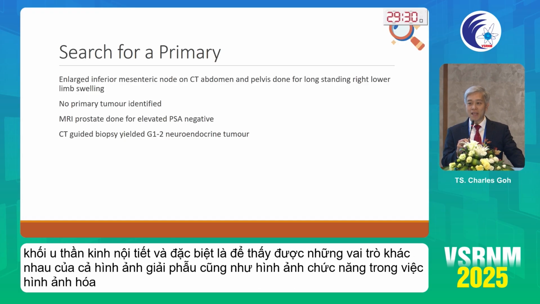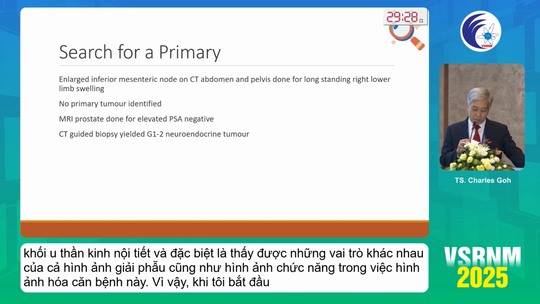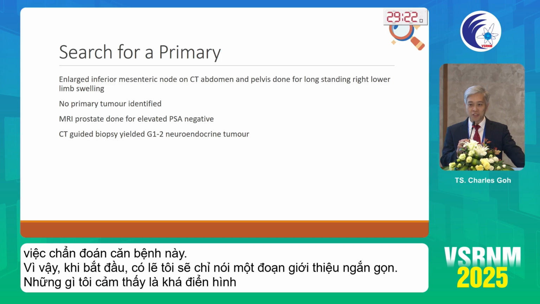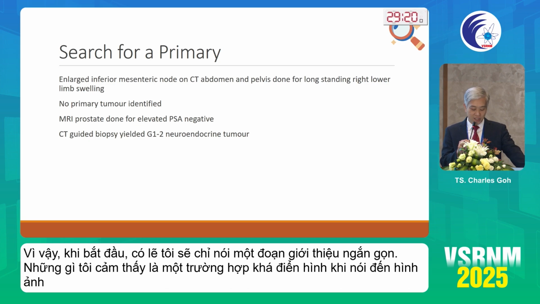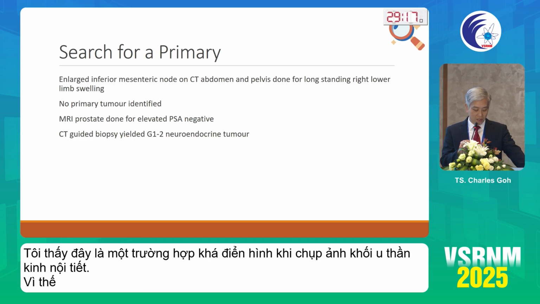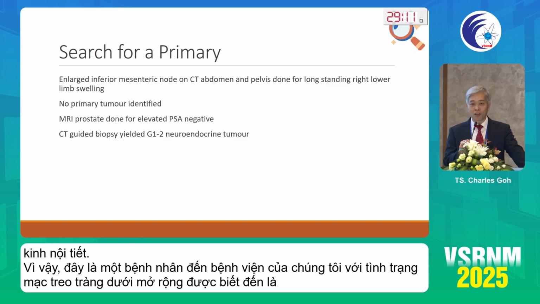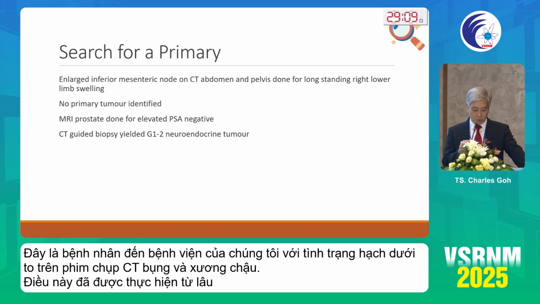So as I start, maybe I'll just talk about a brief case introduction, what I feel is a fairly typical case when it comes to imaging neuroendocrine tumors. This is a patient that came to our hospital with an enlarged inferior mesenteric node on a CT abdomen and pelvis. This was done for long-standing right lower limb swelling.